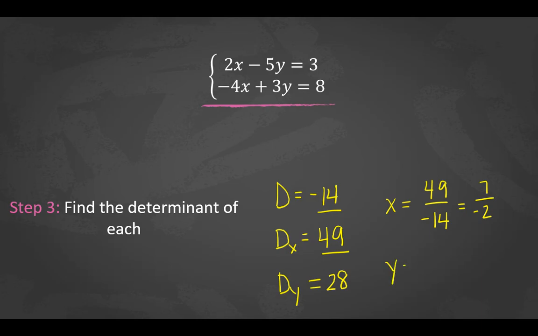And to find y, we're going to put dy over d, so 28 over negative 14, which is negative 2. So the solution for this system is negative 7/2, negative 2.